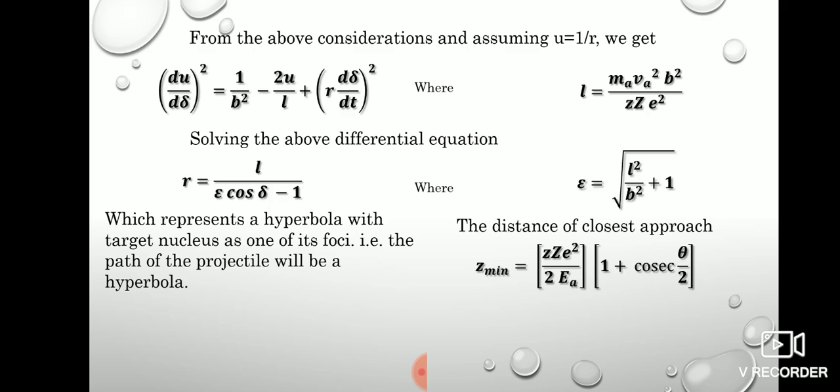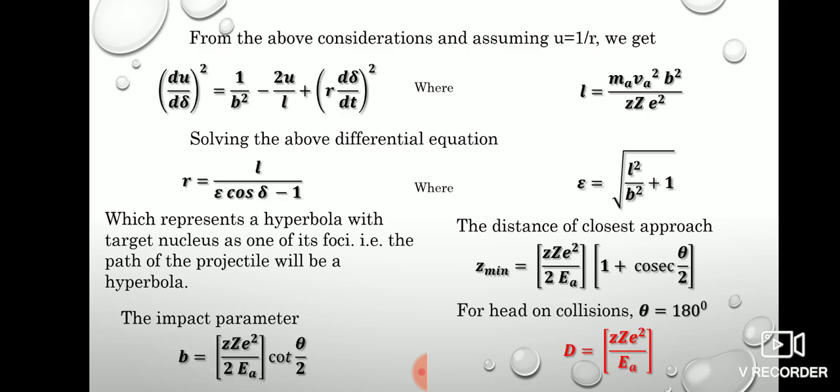This will be the least value for head-on collisions, where theta will be equal to 180, and as a result we get the least distance of closest approach, that is d, which is equal to Z Z e square by E_A. The impact parameter can also be determined from this, and the impact parameter b is equal to Z Z e square by 2 E_A cot theta by 2.